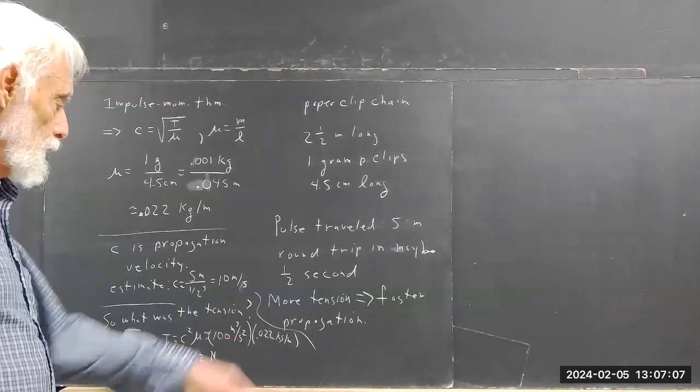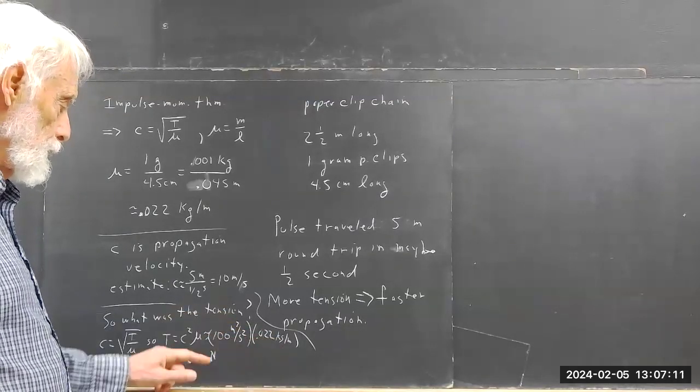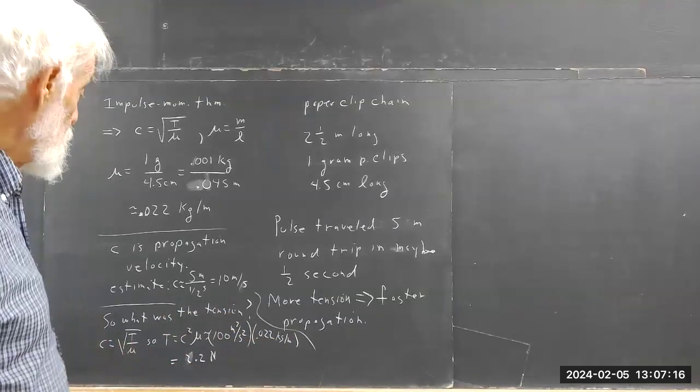And you can check out your units. The meter divides a meter, so you end up with a kilogram meter per second squared, which is a newton. Okay. Your dimensions work out.